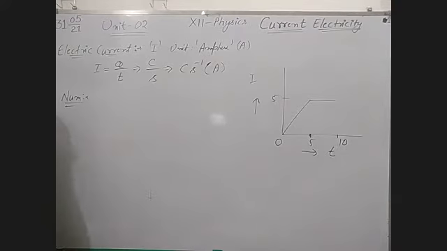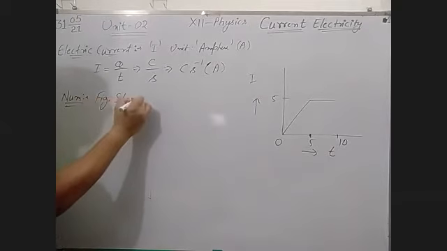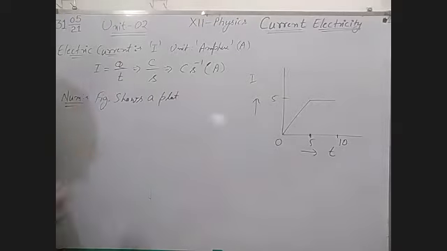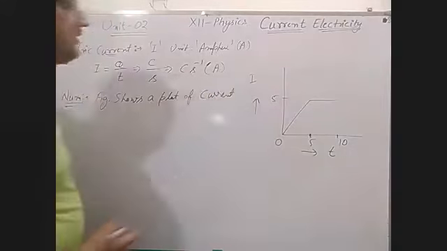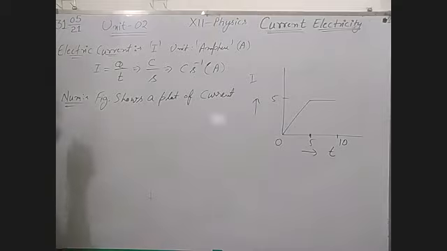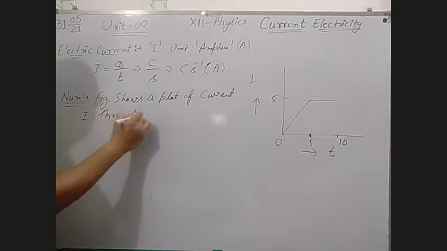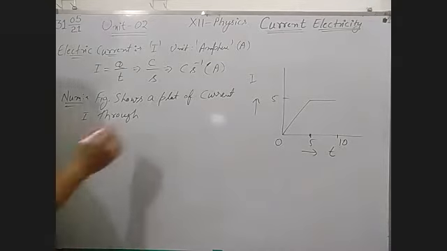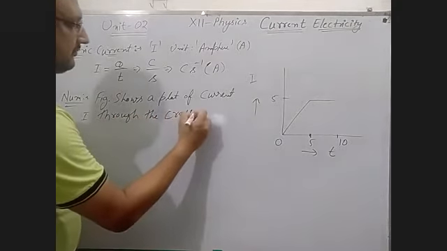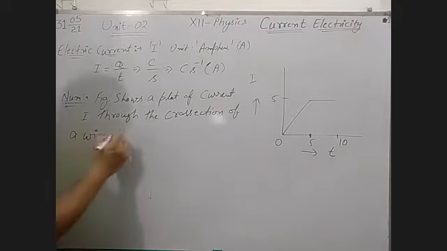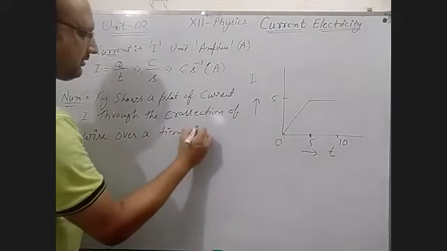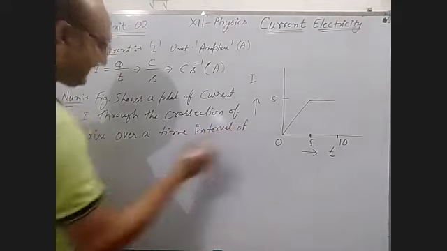The figure shows a plot of current, meaning a graph, for current I through the cross section of a wire over a time interval of 10 seconds.